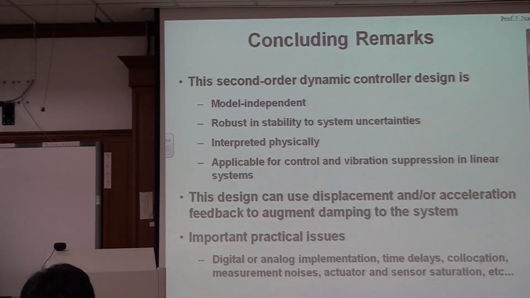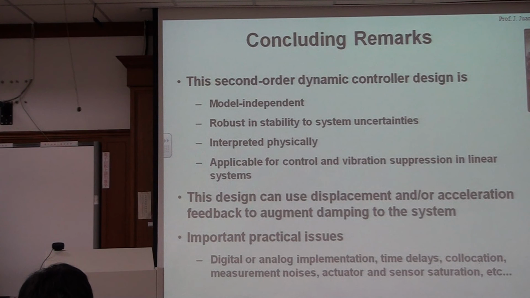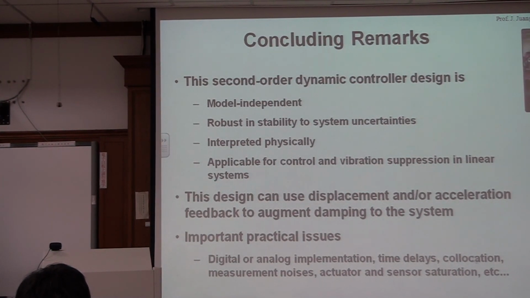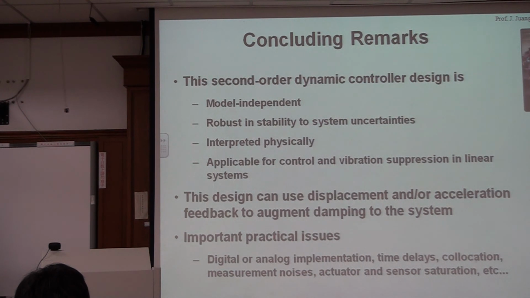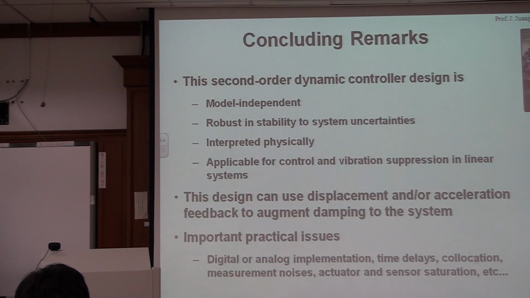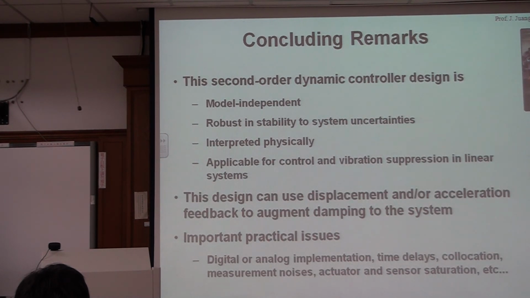Maybe you need like 10 Newtons, but your actuator can give you only 5 at maximum. So you might have that problem. After you compute the control force, it says, hey, give me 10 Newtons. Your actuator says, I'm sorry, I can give only 5, the maximum. And that's another problem.